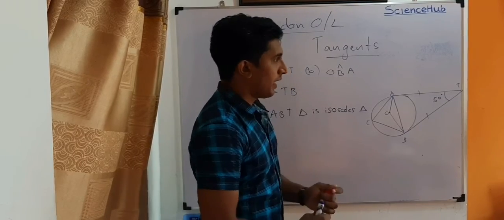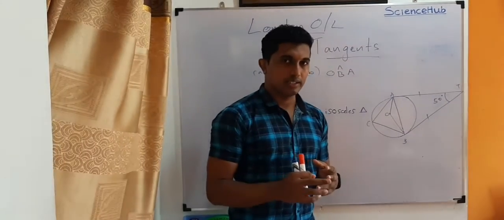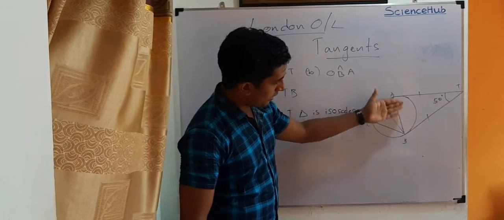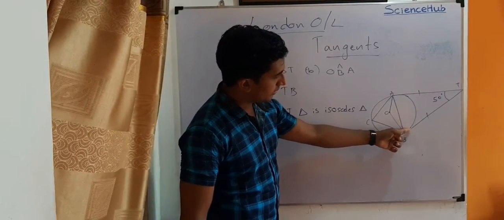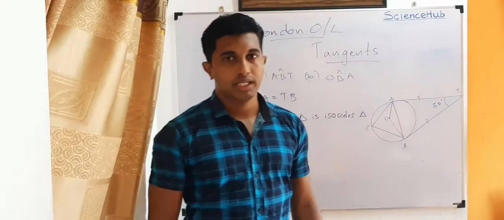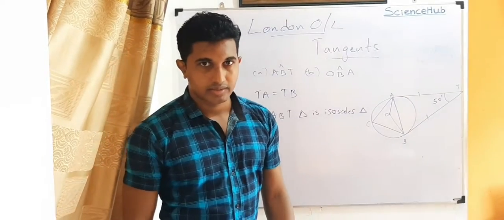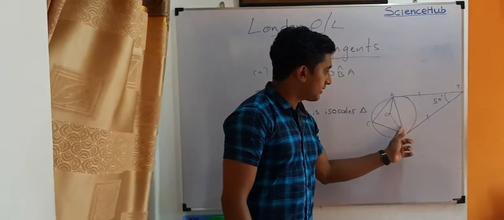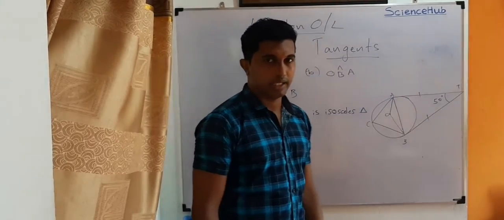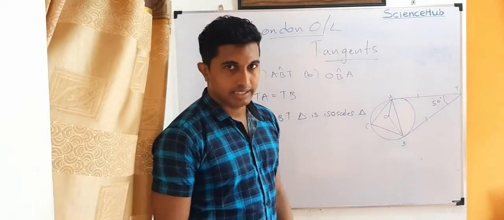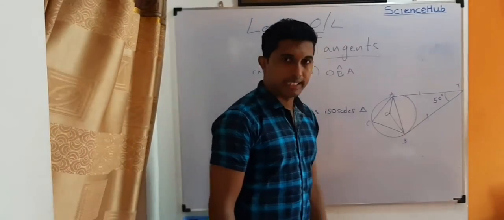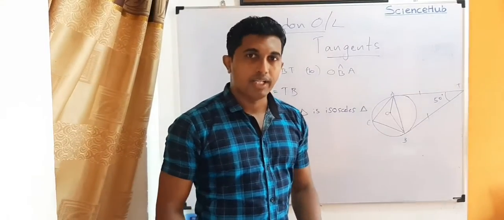And then, according to the theorems that you learned before, the angles which are opposite to the same sides should be equal in size. The angles facing these two sides, the same length sides, are equal in size.